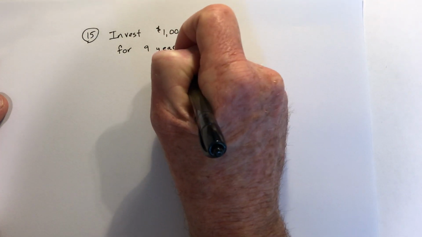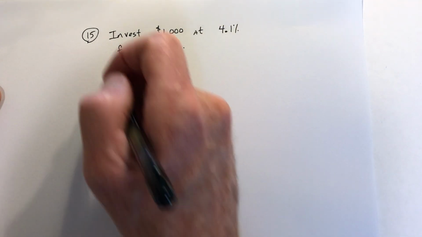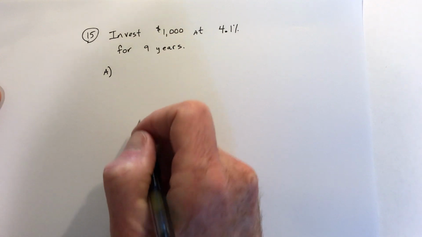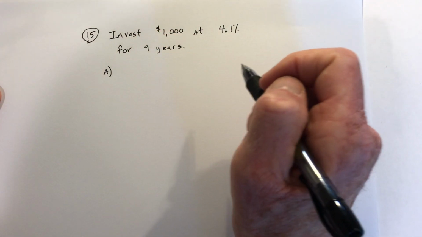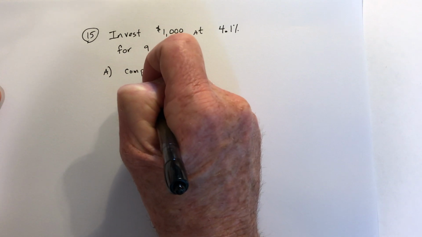I don't know why 9, but just let's say it's going to be 9 years. And so part A, how much money is there if it's compounded monthly?